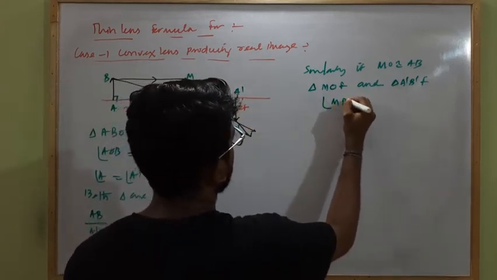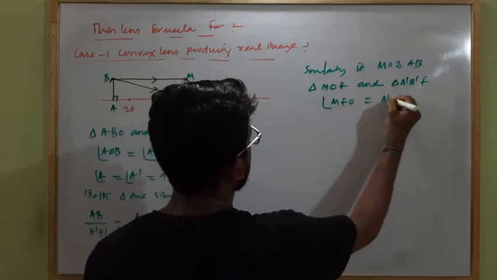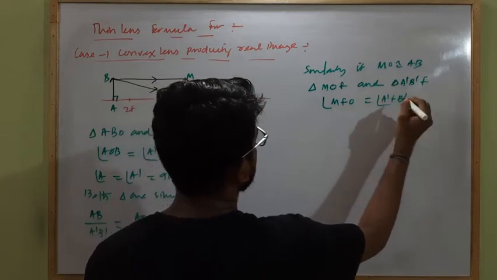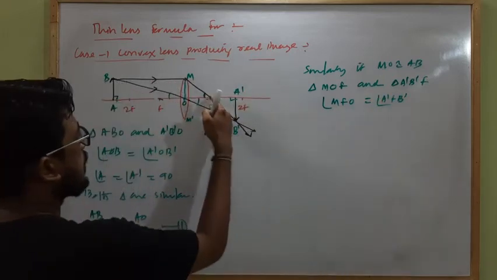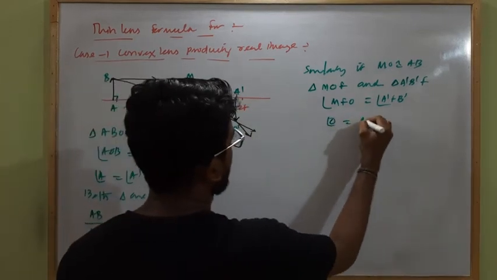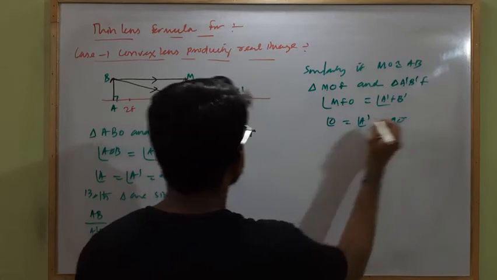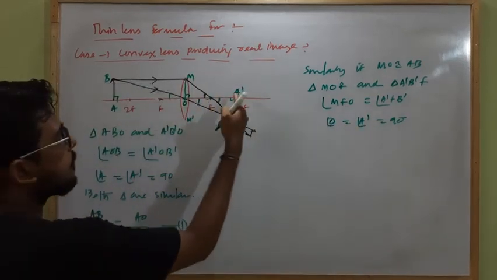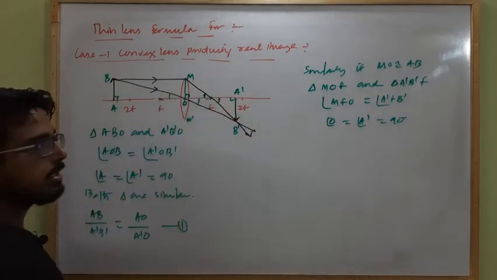Angle MFO equals angle A dash F B dash due to opposite angles, and angle O equals angle B dash equals 90 degrees. So these two triangles MOF and A dash B dash F are also similar.